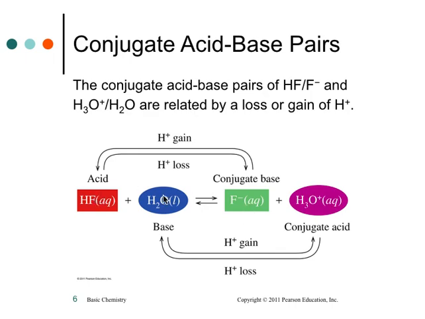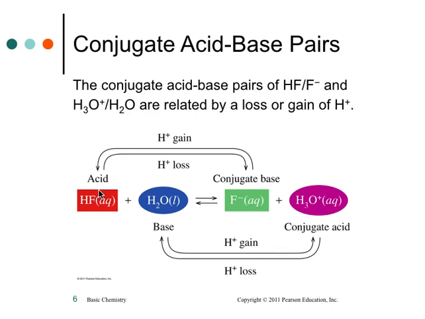Okay? Here's the base. It receives the hydrogen. It now becomes an acid because it has something to throw away. It has one to give. So these two guys, which are the same thing, H2O and H3O plus, these are a conjugate acid-base pair. So in an acid-base reaction, you have two conjugate acid-base pairs.